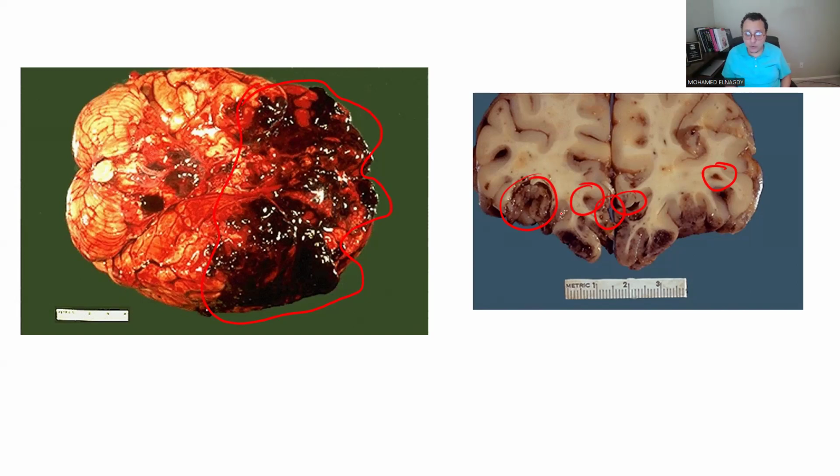You know what countercoup injury is? Countercoup means an injury that happened due to sudden acceleration, deceleration. When there is a sudden and rapid acceleration, deceleration injury, the brain wobbles inside the skull.